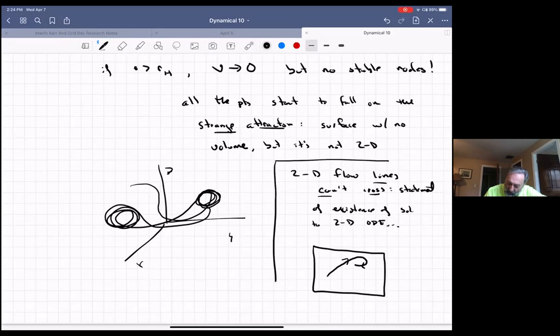So if you get over here, you've got to bounce off of it somehow. You could wind around, but whatever you do, you can't cross over yourself in 2 dimensions.